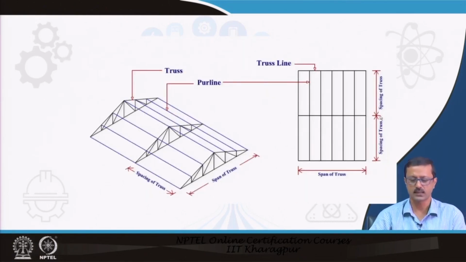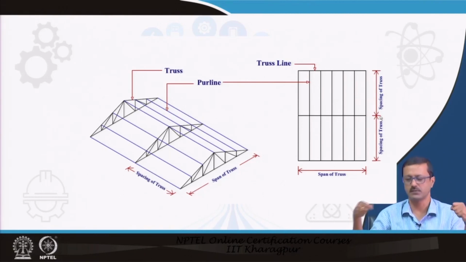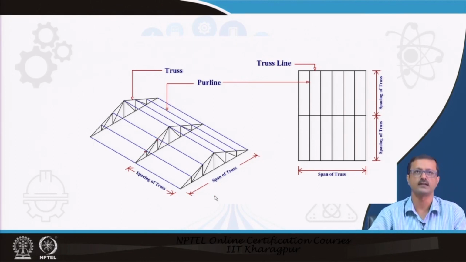Now, these 3 trusses have to be tied with other members. At the nodal points, the blue horizontal lines that are taken are called purlins.